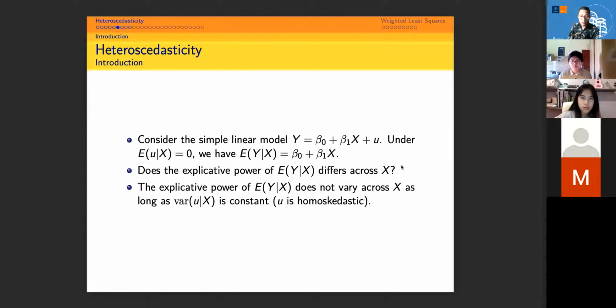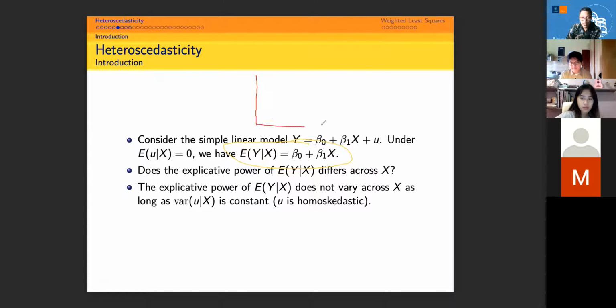I'm going to focus on a simple linear regression model where you regress y on x. Given the zero conditional mean assumption, the expected value of the dependent variable y is going to be a linear function of x.